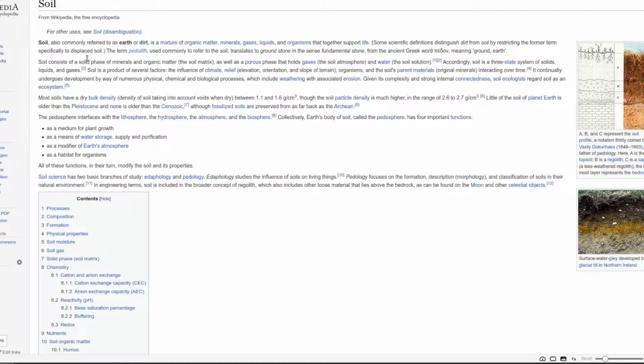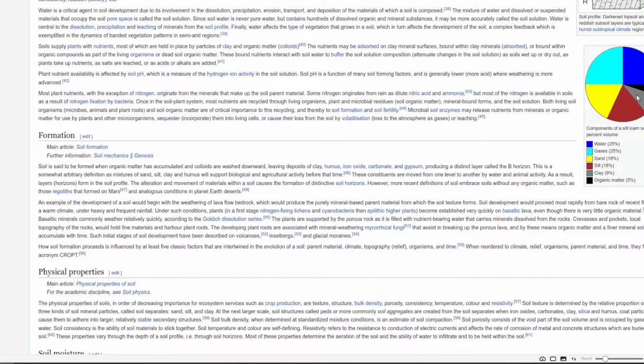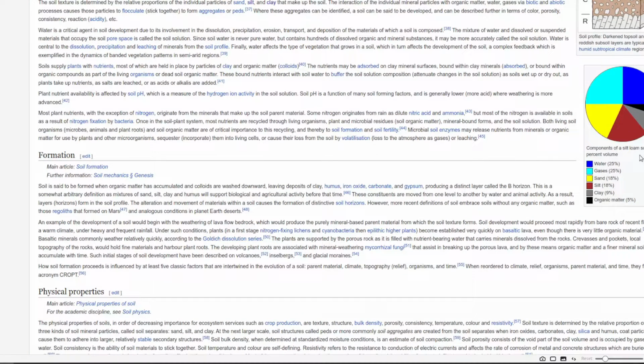Now here we go. Soil, earth, dirt, is a mixture of organic matter, minerals, gases, interesting, liquids and organisms that together support life. And if we go down, I believe they have a nice little diagram here. So it says components of a silt loam soil by percentage volume: water 25%, gases 25%, sand 18%, silt 18%, clay 9%, and organic matter 5%.